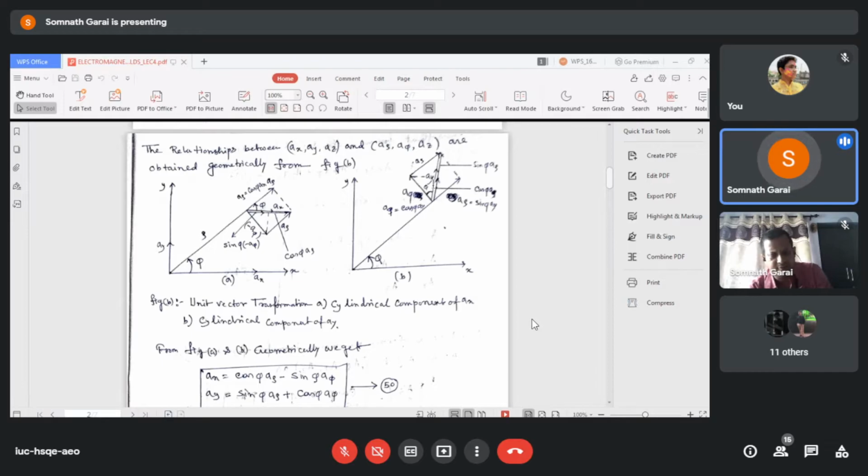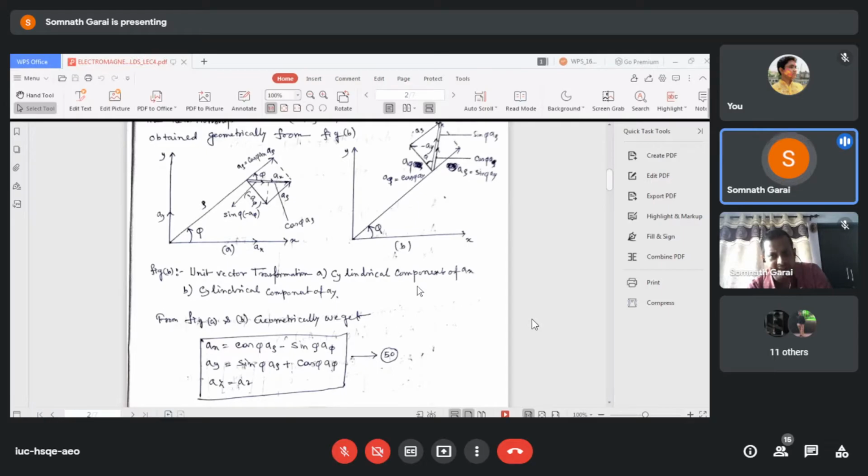It is the vector component formula. So according to the y direction, ay is the addition of these two components. One is sin phi a rho, another is cos phi a phi. That's why ay is equal to sin phi a rho plus cos phi a phi.